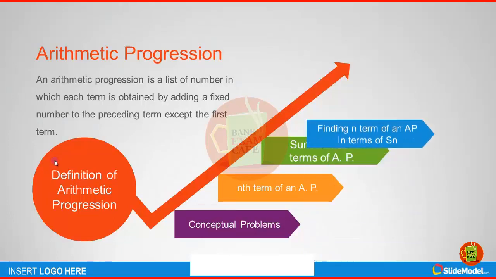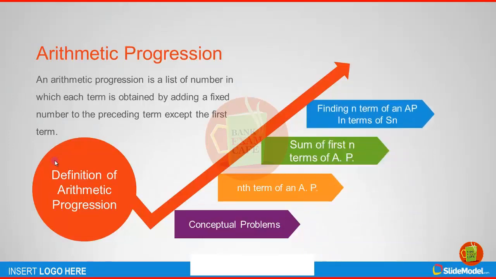Then the fourth step will be finding n terms of an AP in terms of Sn, where Sn is the sum of the numbers in a particular pattern. And the last step will be applications of arithmetic progression. So here friends, you have to walk with me through 5 steps only to complete arithmetic progression, so that you will be able to crack arithmetic progression problems.